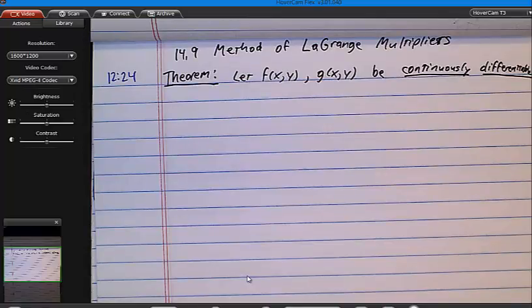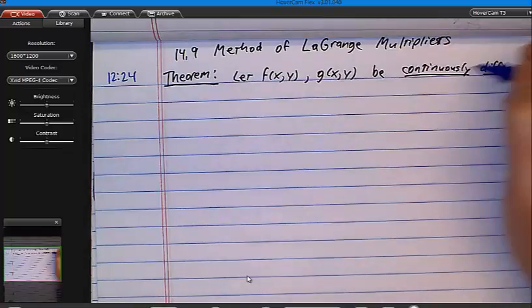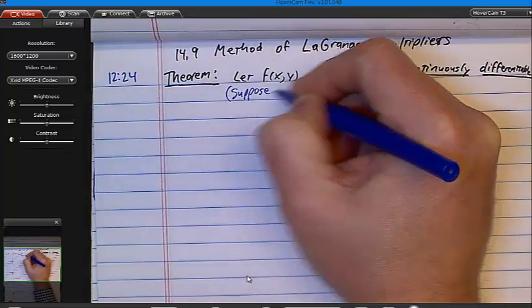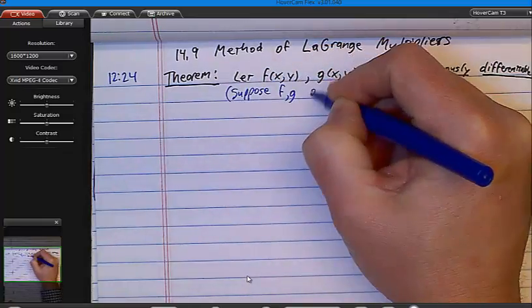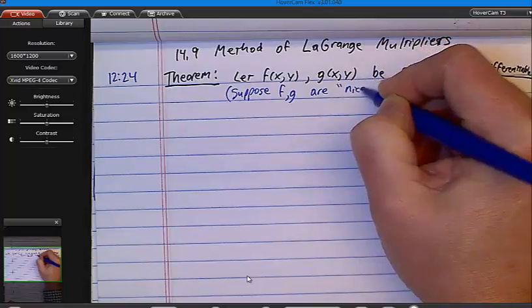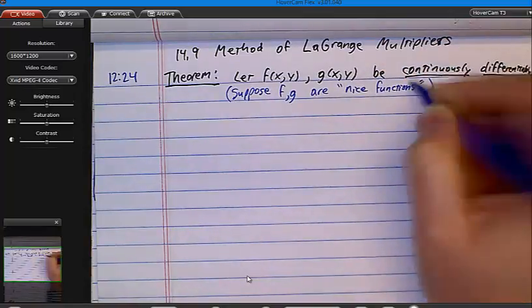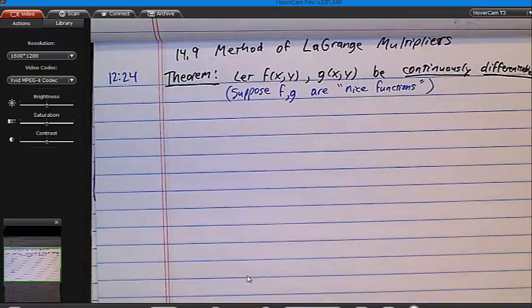But let me just say that for problems like the one we just did, where you have polynomials, that's going to happen. You might just say, in parentheses here, suppose f and g are nice functions. Most of the functions we encounter will be continuously differentiable.